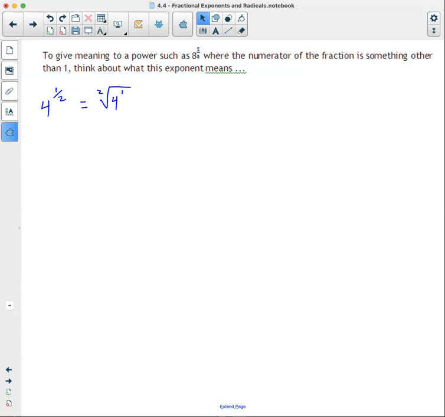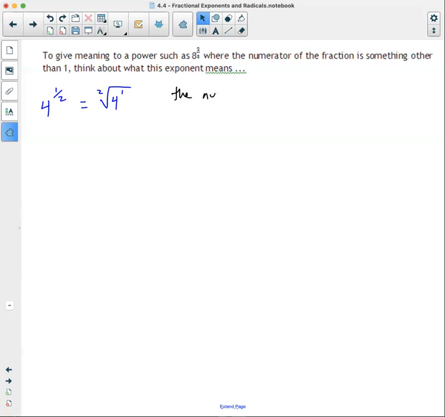Now, in this example, and in some examples that you're going to be dealing with going forward, the numerator of the fractional exponent might be 2, and that's okay. We're just going to put that as the exponent of the radicand. Okay, so let's put that in words.